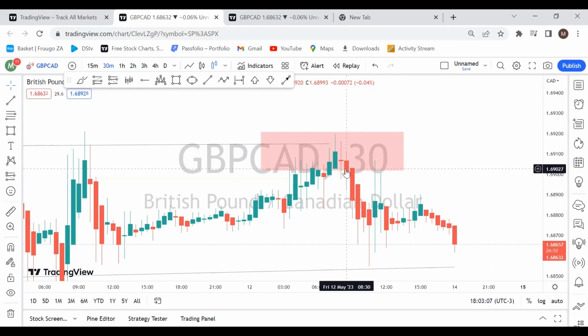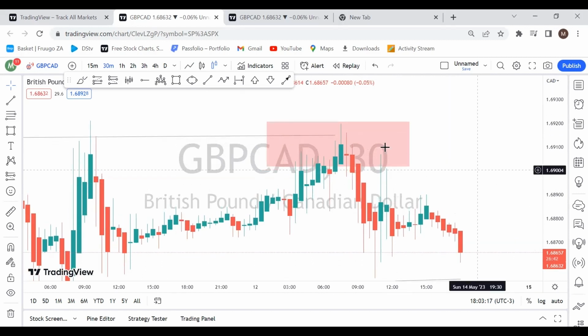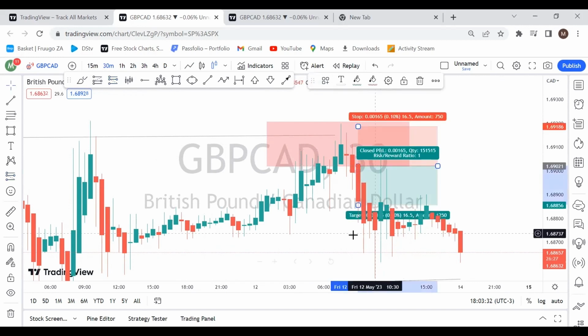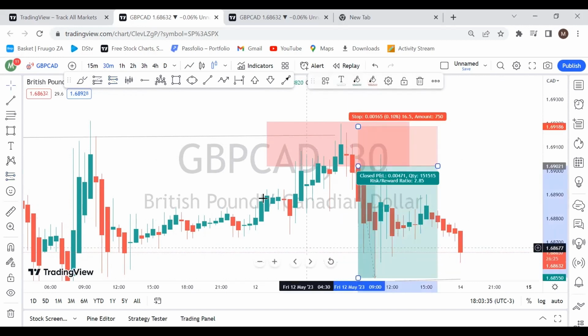So this is very important. Two bearish candlesticks in a row for me is confirmation enough to sell, right? So I would sell after the second candlestick when it closes. So basically the third candlestick, which is this one.